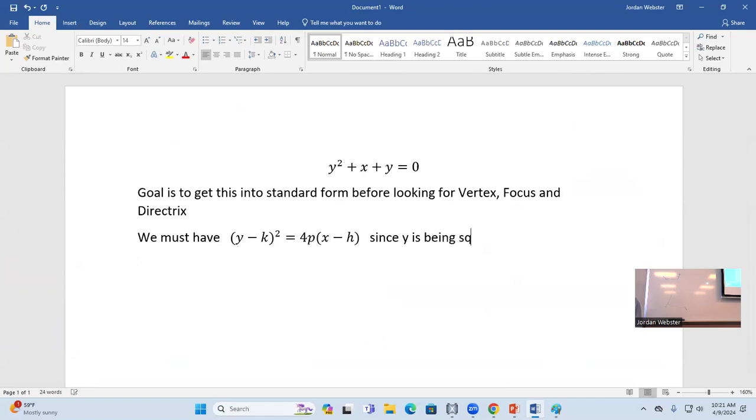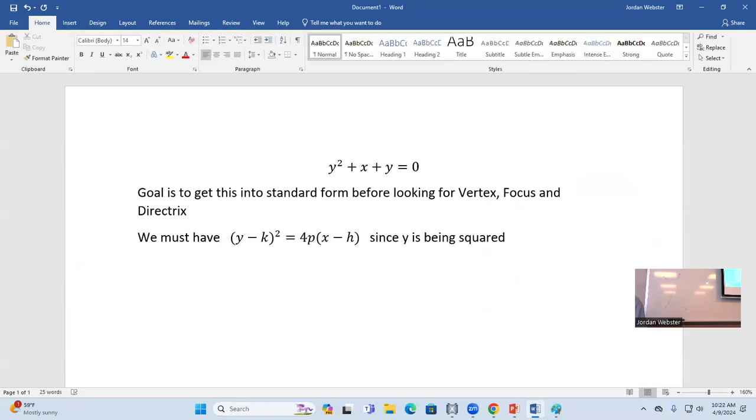All right. So that means I need to manipulate this original equation given into this standard form. Notice that on the left-hand side, we have a squared piece with y and no other parts. So all the x's are on the right. So that's what I'm going to do.